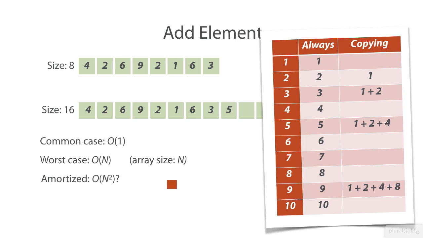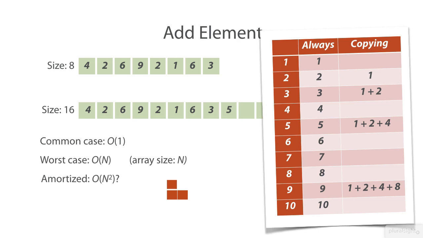If we assume we start with a static array of size 1, and in that we place the first element, there is no room for the second element. So we double the capacity, copy the single element from the previous array, and insert the second element. Now we have performed 2 insertions and 1 copying, as seen in the second row of the table.